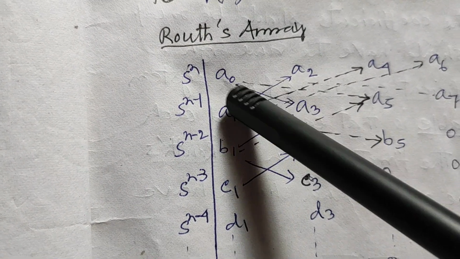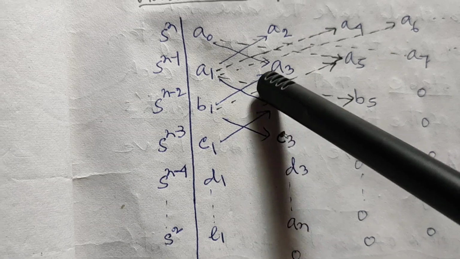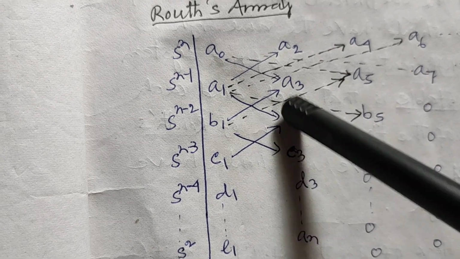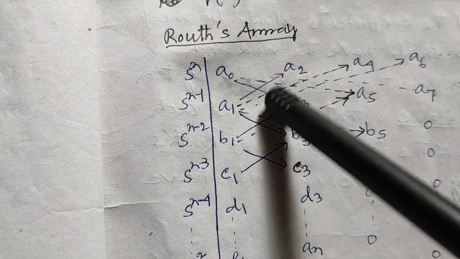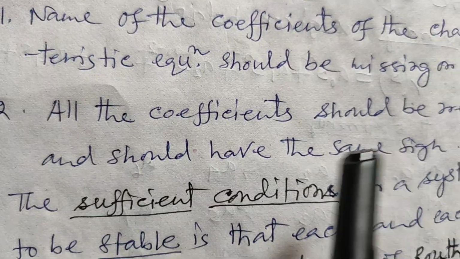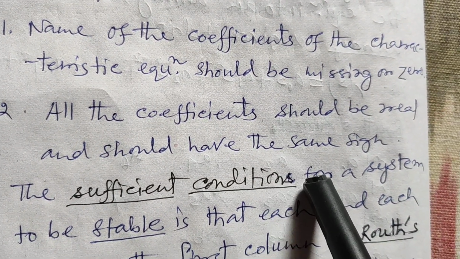Look at the Routh's array. Here all the coefficients are real values. All the coefficients are real values and should have the same sign. Okay. Then the system is stable.